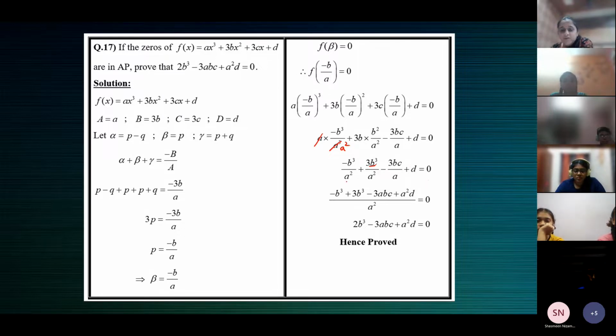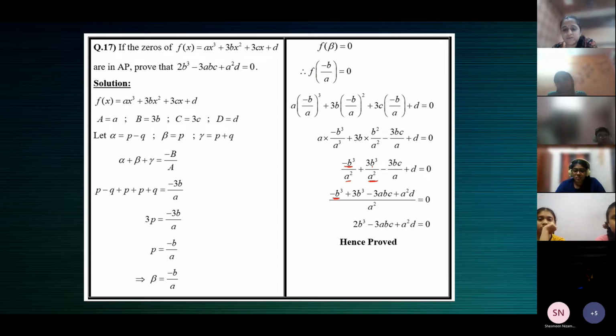Now the common denominator is a square. So take the LCM, exactly like you do work with LCM. This is already a square, so you will get minus b cubed.